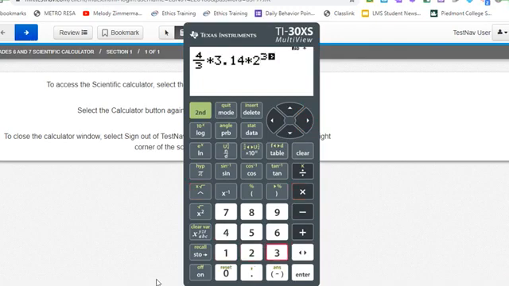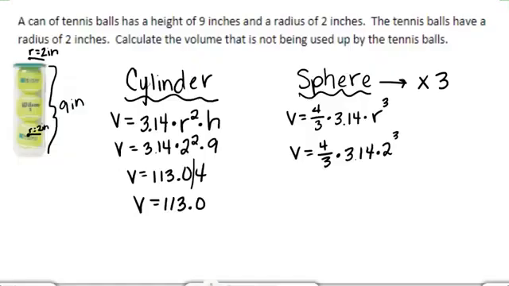Remember the little caret to the 3rd power, and press enter. 33.49. V equals 33.49, and we're rounding to the nearest tenth. So the 4 looks at the 9, and the 9 tells it to go up. So 33.5, and I need to put my units. This is all inches cubed, and this is also inches cubed.